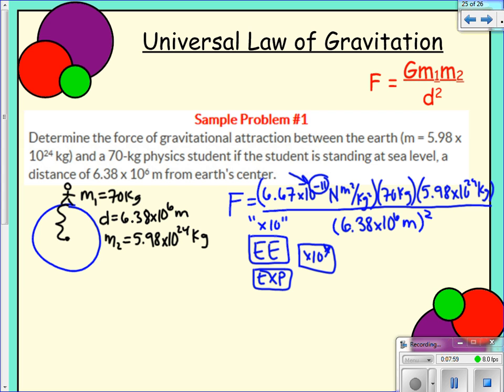That gives you 2.79 times 10 to the 16th on the top. Then on the bottom, we are going to divide it by 6.38 times 10 to the 6th squared. If you do that correctly, you should have gotten a force of 685.9 newtons.